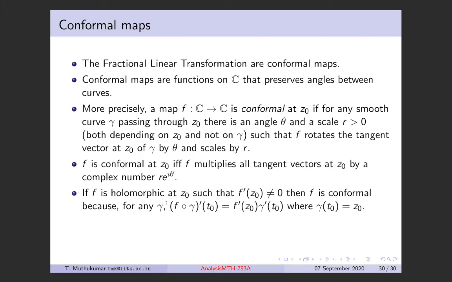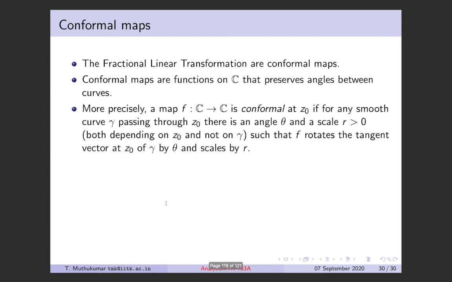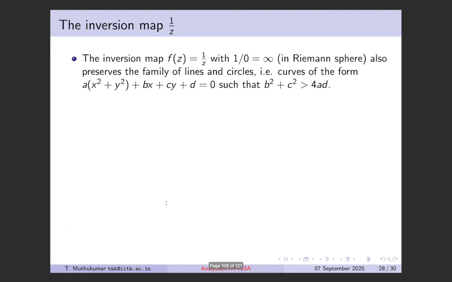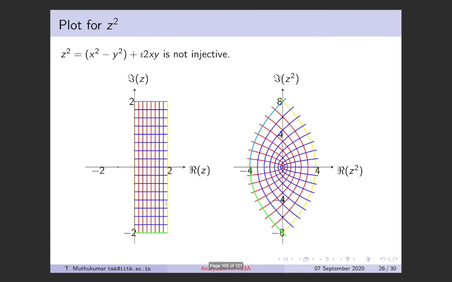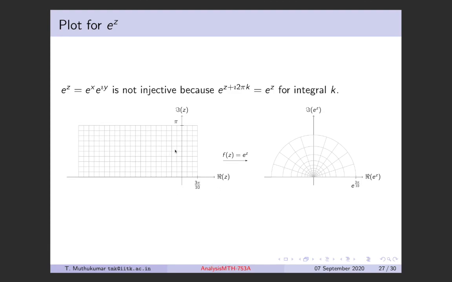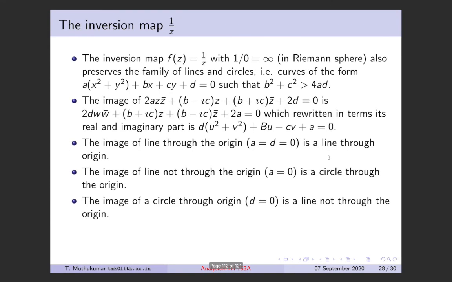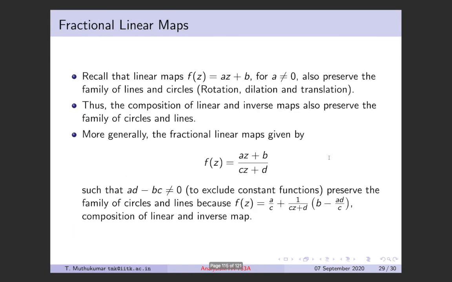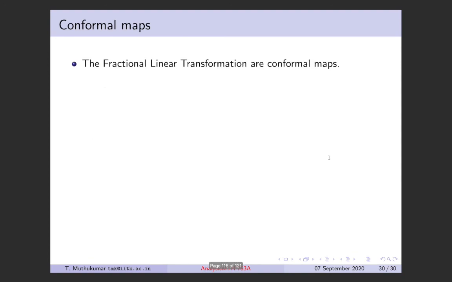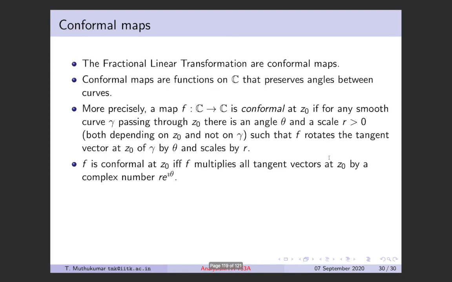Same in the e power z example that I showed you, though I didn't mention it there: here again they meet orthogonally, right? So e power z, z square, all these are conformal maps. As a special case, as I said, fractional linear maps are also conformal maps.